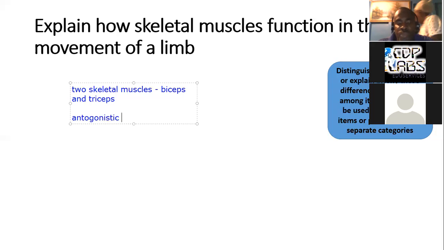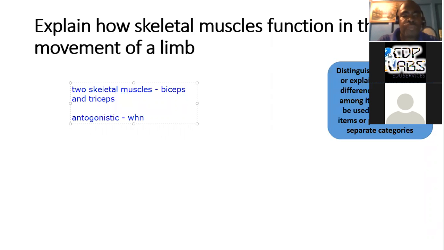Good? And what does that mean? What does it mean? To bend and to straighten? No, that's wrong. Now make notes. The antagonistic muscle is when one muscle contracts and the other relaxes. Exactly.